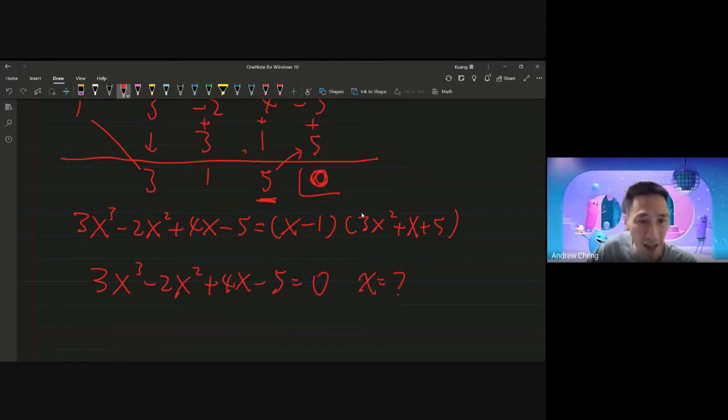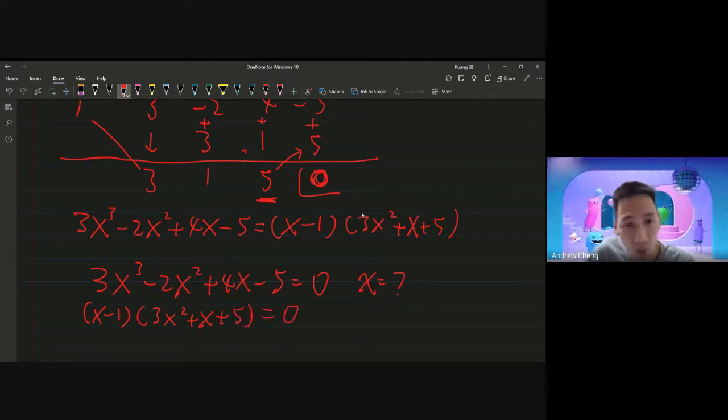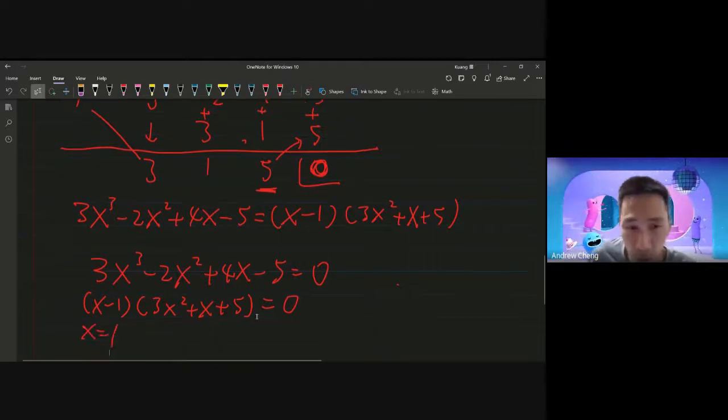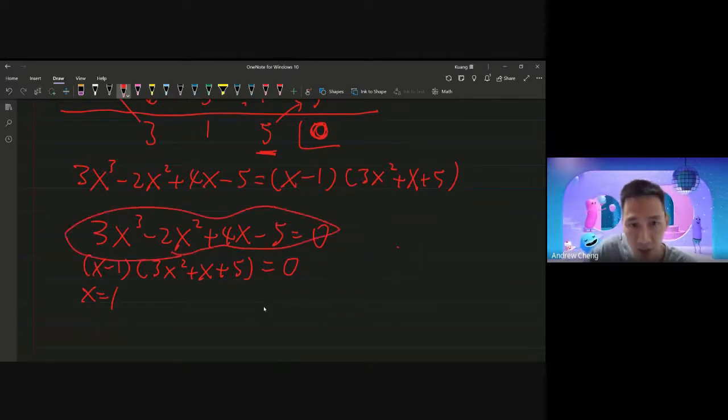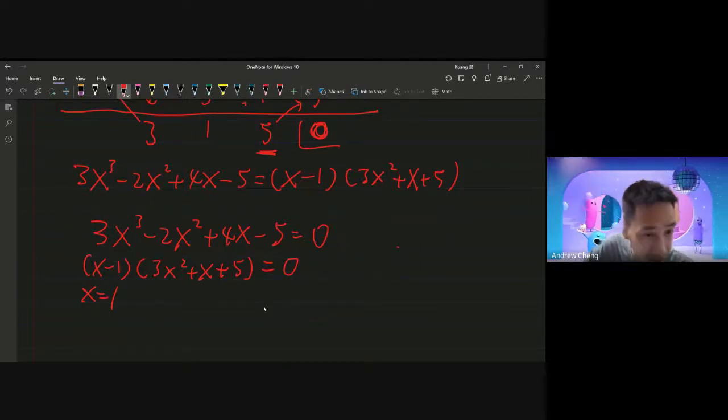If I can break it down into x minus 1 times 3x squared plus x plus 5 equals 0, then I know x equals 1 is one of the solutions, one of the roots of this equation. Because when x equals 1, I plug in here and this equals 0. So x equals 1 satisfies the equation.